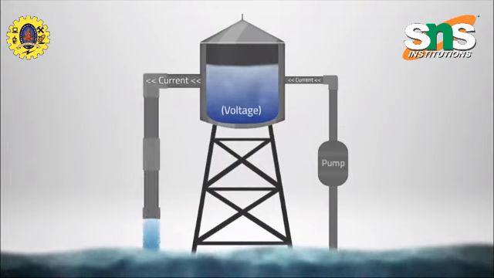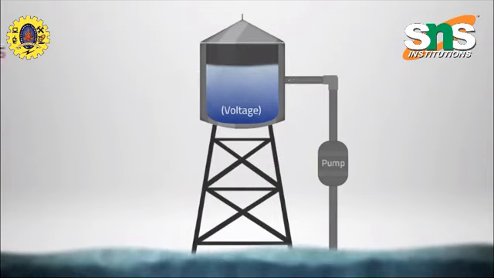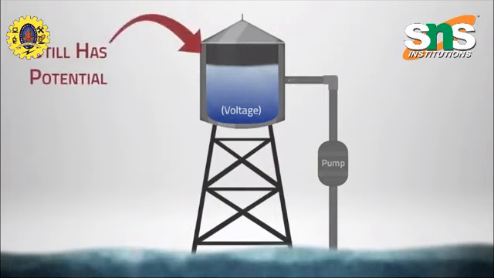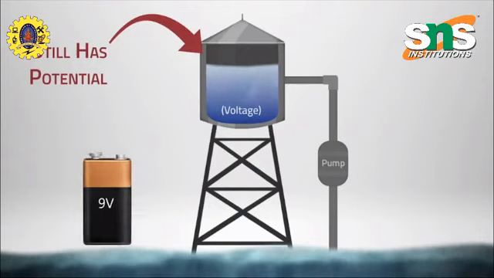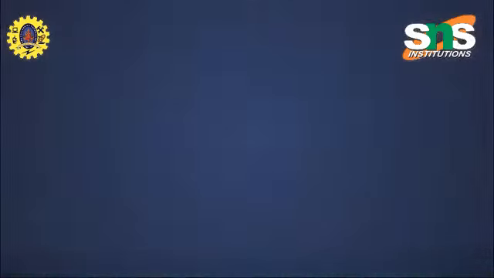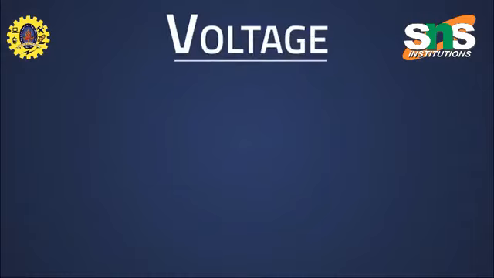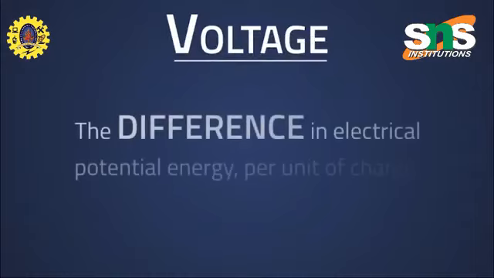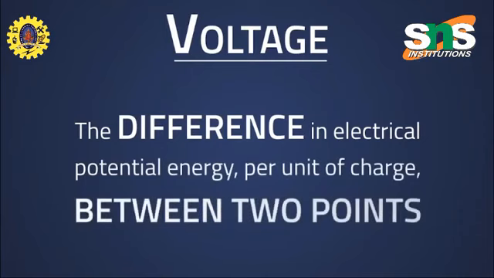For example, we assume the height of the tank determines the potential, and that potential is the voltage. In a real-time example, we compare the overhead tank to a battery, and the voltage is the difference in electrical potential energy per unit of charge between 2 points.